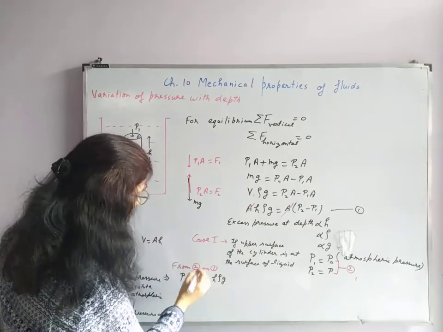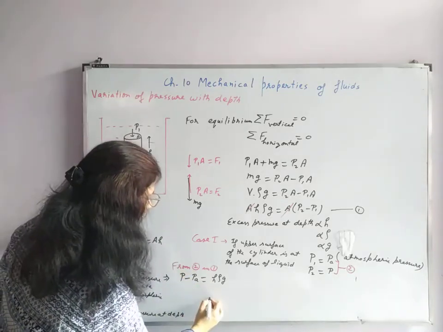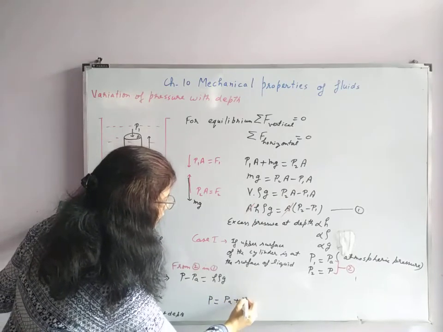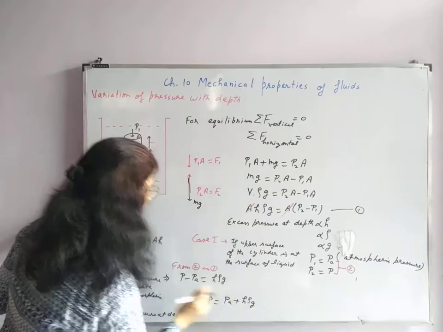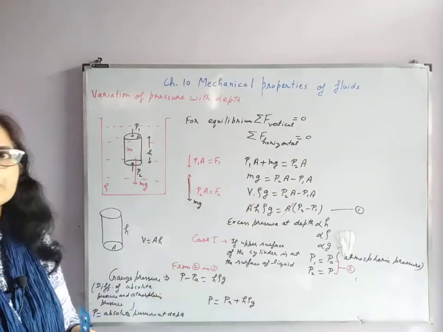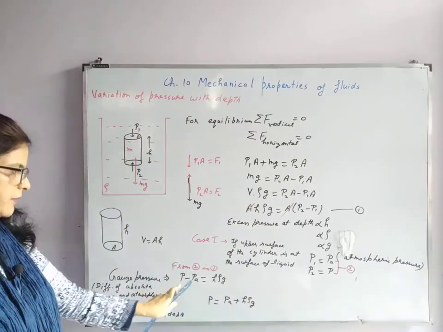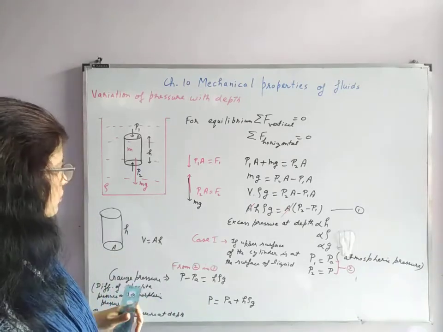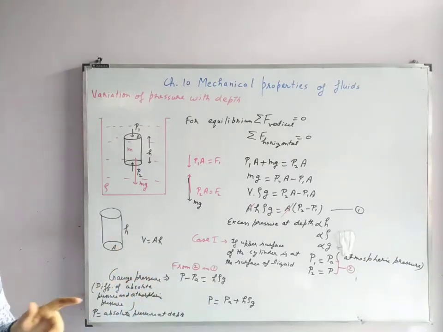So if you want to find absolute pressure, then you need to add atmospheric pressure. If you want to find gauge pressure, this will be the difference of pressure at depth minus atmospheric pressure. So I hope this concept is clear to you, right?